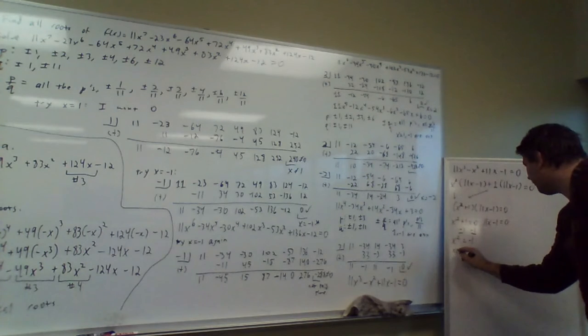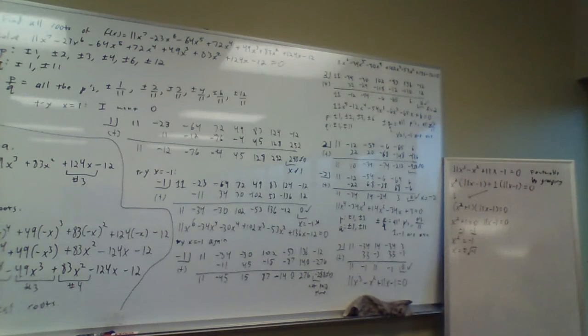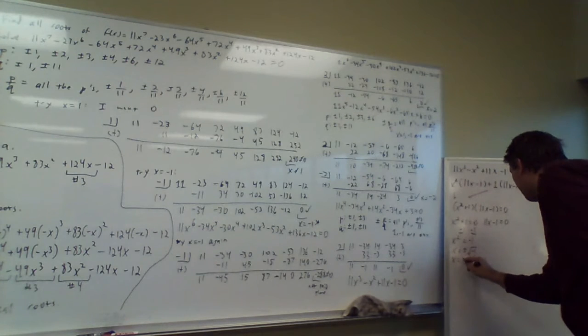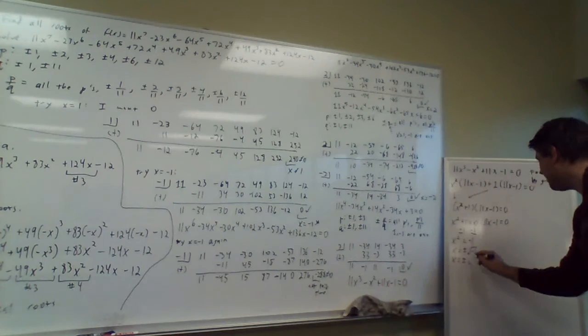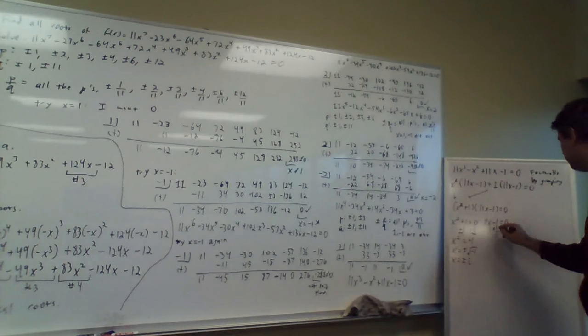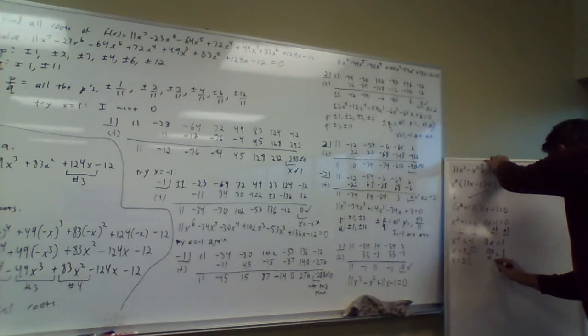So x equals plus or minus the square root of negative 1, which is i. This one we add 1: 11x equals 1. Divide off the 11, and x equals 1/11.